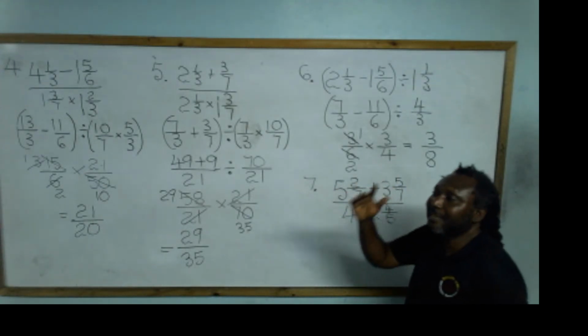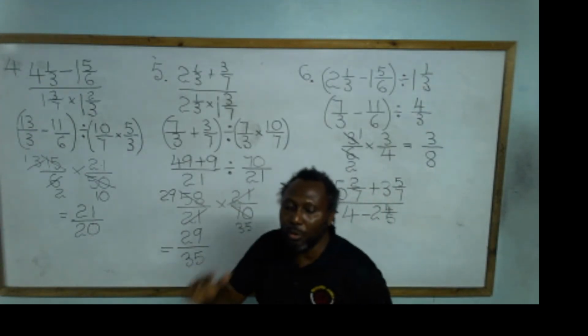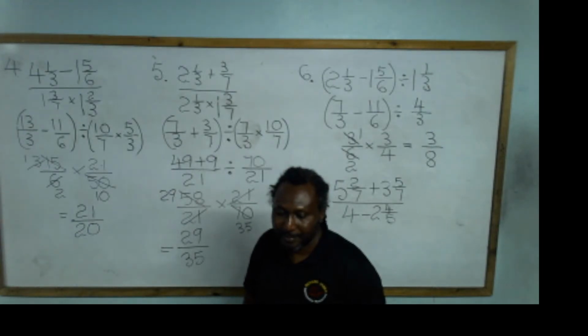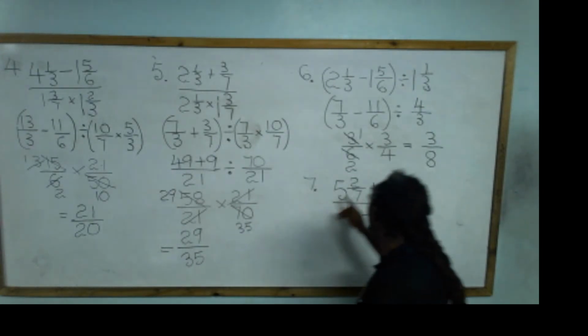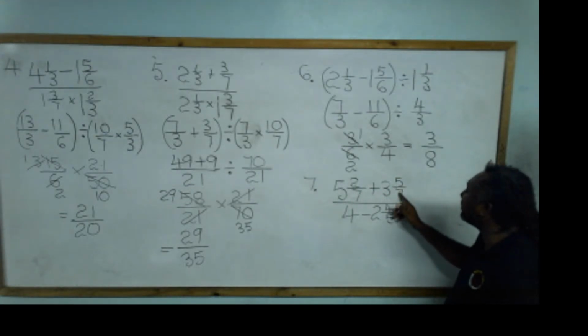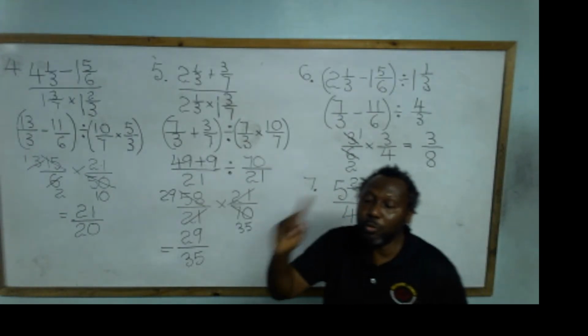And 7 sevenths is 1 whole. 2 sevenths plus 5 sevenths, that's 1 whole.